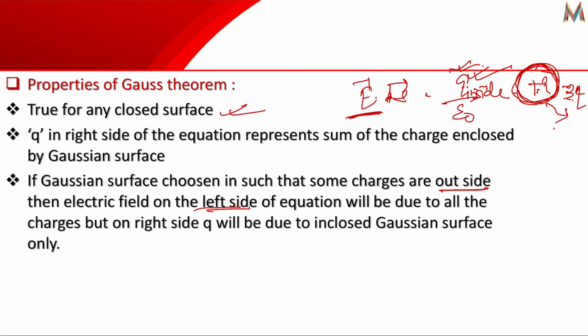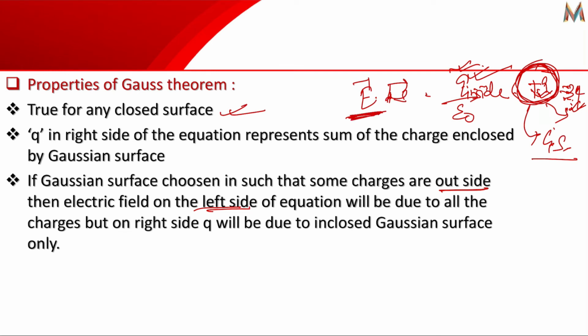Due to all the charges means due to this plus q charge also, and due to this minus 3q charge also, the charges present inside the Gaussian surface and the charges present outside the Gaussian surface. For the whole of these charges, this will be the electric field.